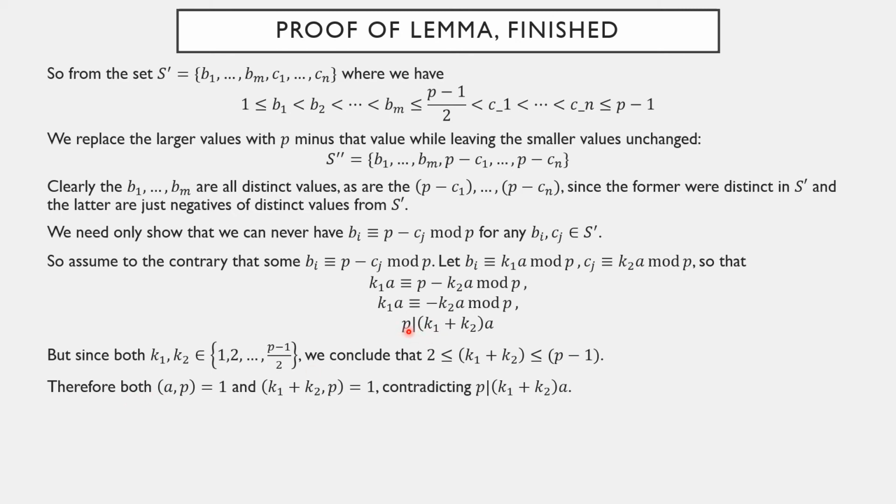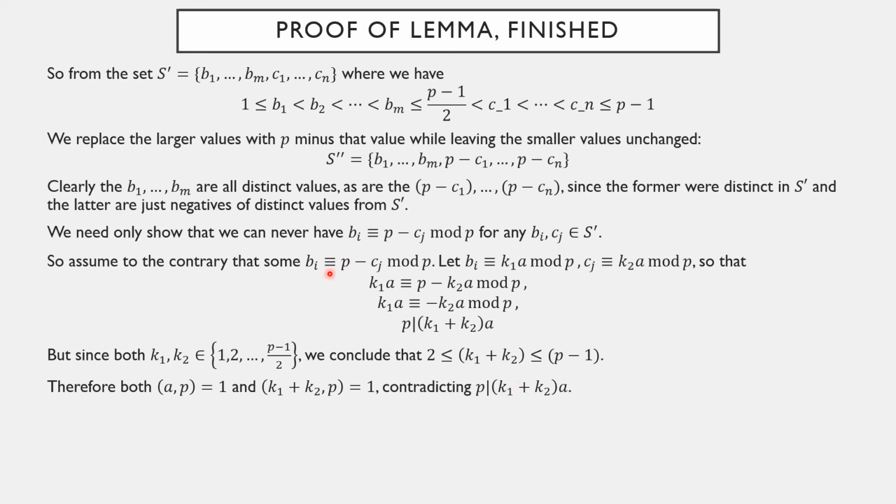So p is a factor of (k1 plus k2) times a, but it's relatively prime to a. However, since k1 plus k2 is in between 2 and p minus 1, and p is prime, it's also relatively prime to k1 plus k2. But if p is relatively prime to both a and k1 plus k2, it's relatively prime to the product, which contradicts the fact that it is a factor of the product.